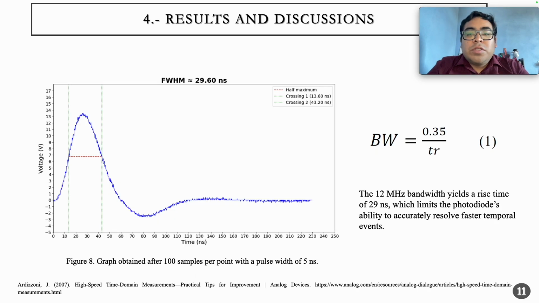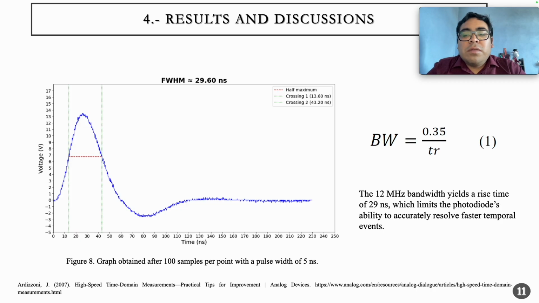For results and discussion, figure 8 presents the results of the first test. The plot displays good definition due to the high number of accurate data points. However, considering that the laser module was set to a pulse width of 5 nanoseconds and the measured FWHM is approximately 29 nanoseconds, this indicates that the instrumental response is slow and stretches the pulse due to the photodiode.